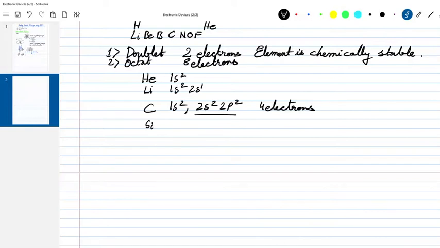Now silicon, I said, is going to be atomic number 32.